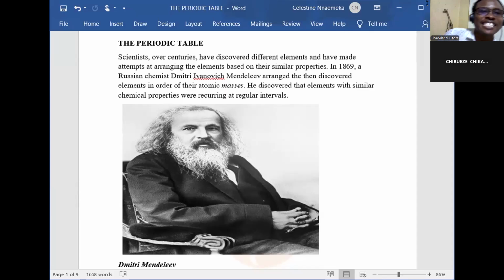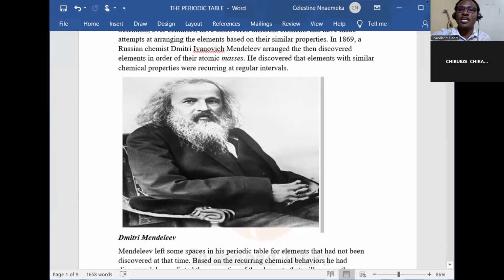Not exactly. We are talking about the modern periodic law. The periodic law states that the properties of the elements are a periodic function of the atomic numbers. Very good. Atomic numbers, not relative atomic masses. Remember, I told you that is the modification of Mendeleev's periodic table, isn't it? That's the modification.